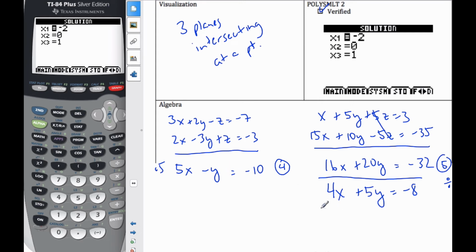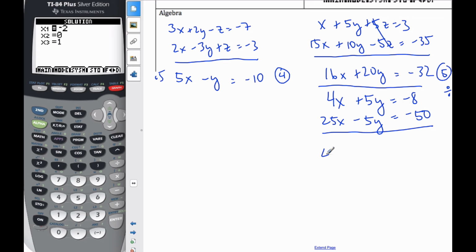So when I multiply by 5, I get 25x minus 5y is equal to minus 50. If I add these equations up, I get 29x is equal to negative 58. Dividing by 29, I get x is equal to negative 2.